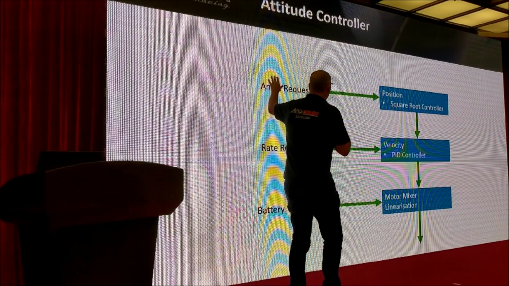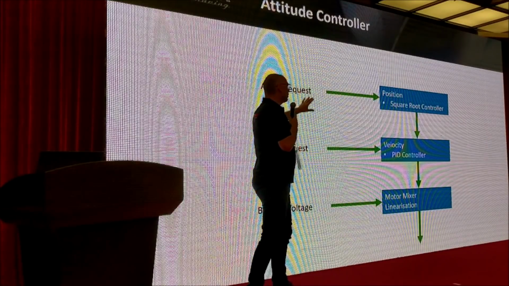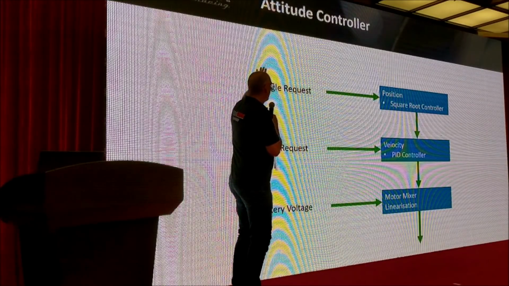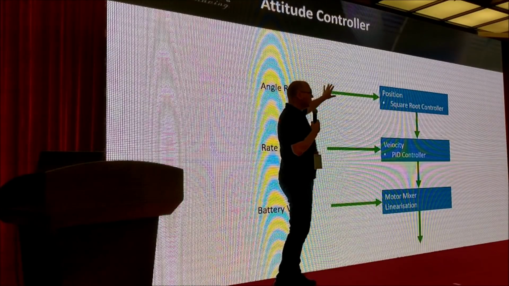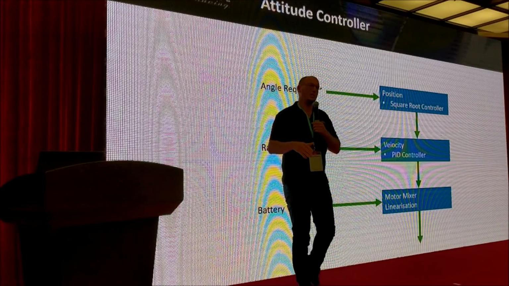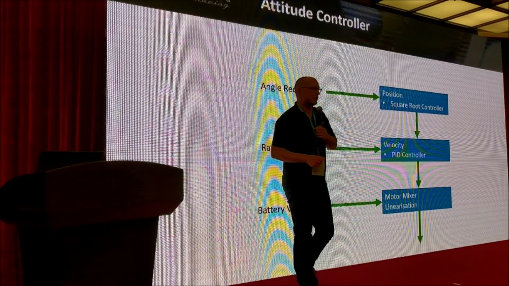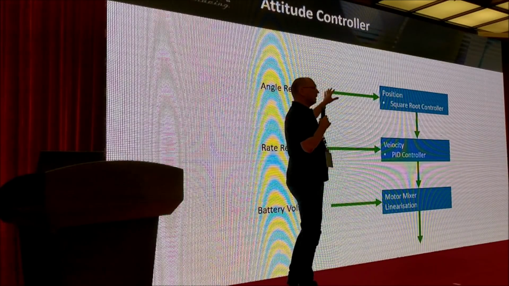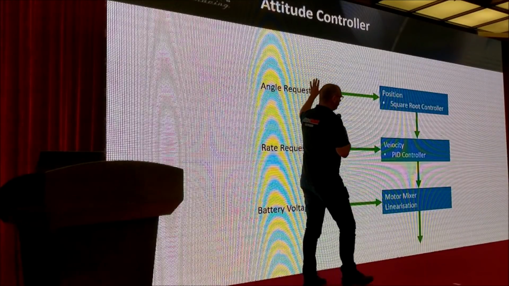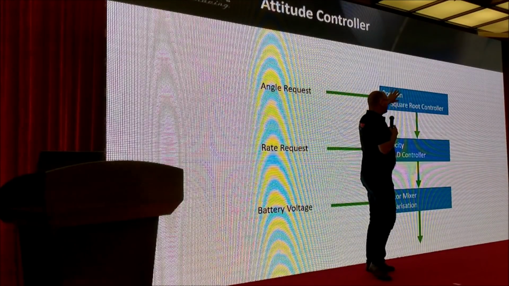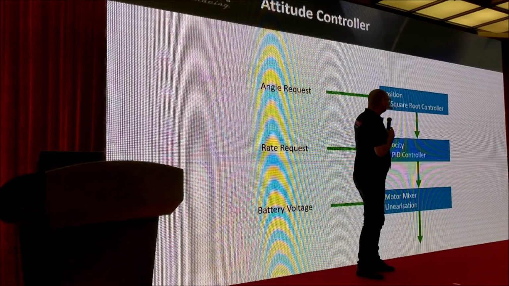As far as the actual inputs go and the types of controllers that we've got, at the top level we have an angle request, and that comes directly from our sticks if we're flying in stabilize, or this might come from our navigation controllers. It goes into our position controller.